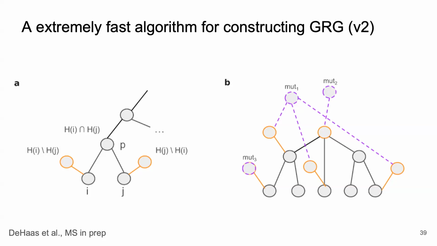Similarly, we do the set difference for the variants only in haplotype J but not in haplotype I. This set difference plus the set union gives us haplotype J back if we do the inheritance from this node and this node. By doing this, we're able to build the graph and at the same time know how the variants are mapped to the nodes in the graph.